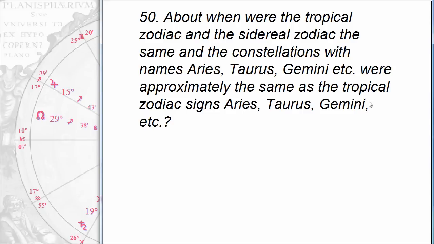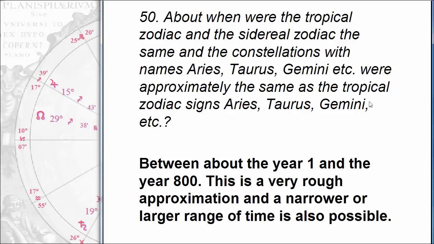When were they lined up perfectly? That would occur every 26,000 years, and the last time it happened was somewhere between the year 1 and the year 800, not that long ago. And a very rough approximation, you may give a broader range or a narrow range. It's very difficult to define when the vernal equinox lined up perfectly with the constellations.